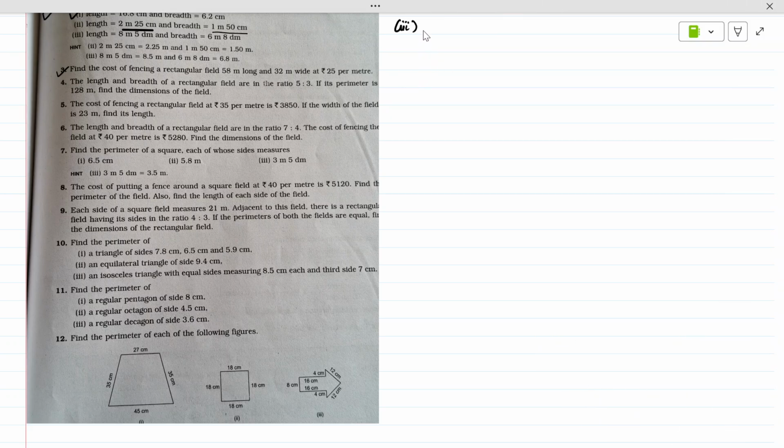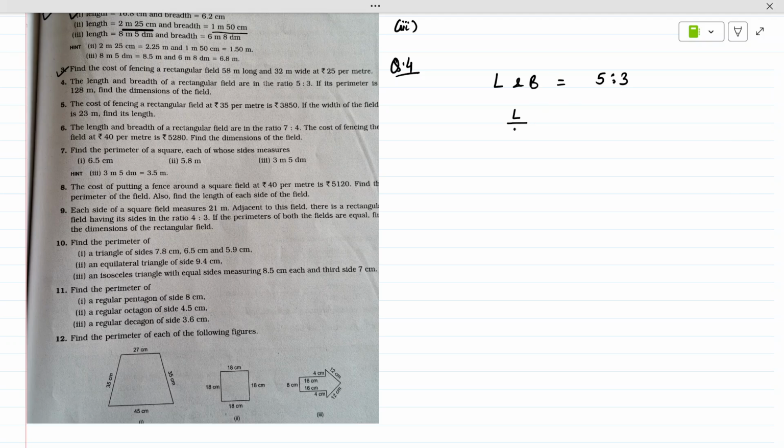So kids, until now we have not covered the ratios. Still I'm telling you how we have to do this question. Okay, so it says that the length and the breadth, they are in the ratio 5:3. That means this 5:3 is always in division.